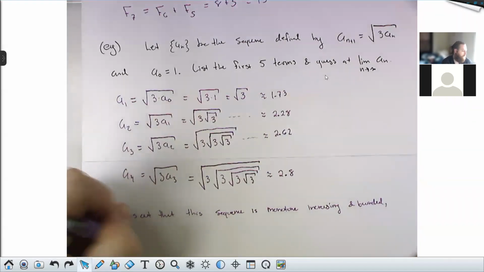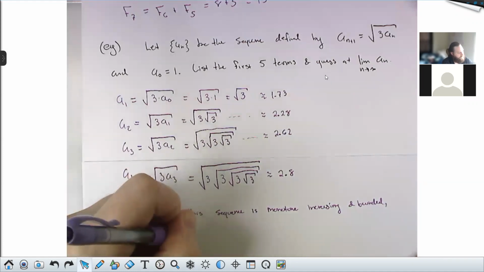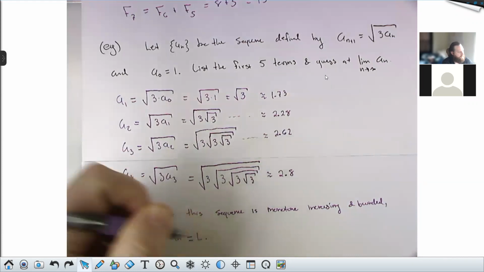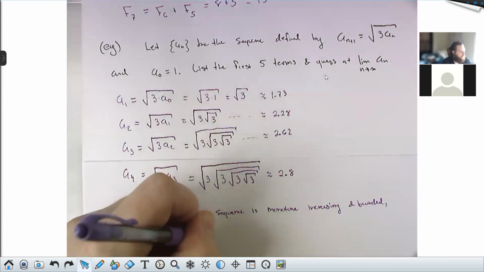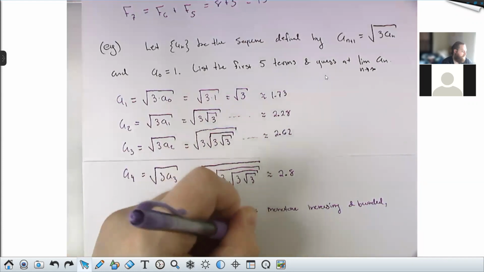So the limit as n goes to infinity of a_n exists, and I can call it L. It must exist.